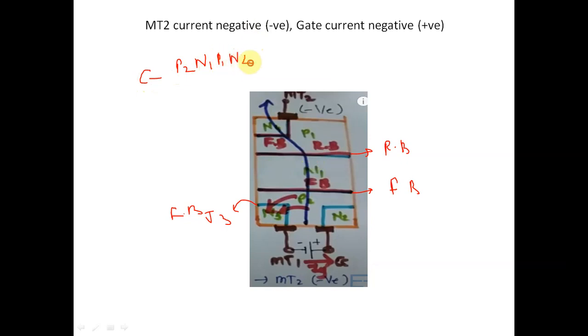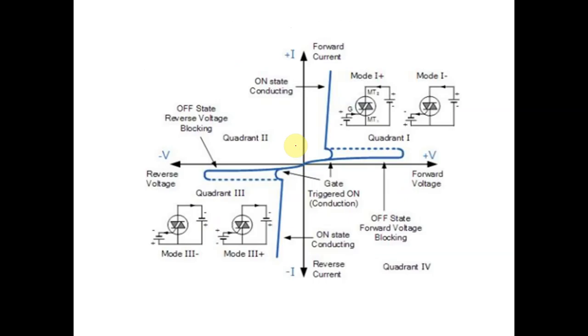This is the current flowing path of triac. This is the 4th mode of operation. Write this mode of operation in your notebook and explain it step by step in your own words.